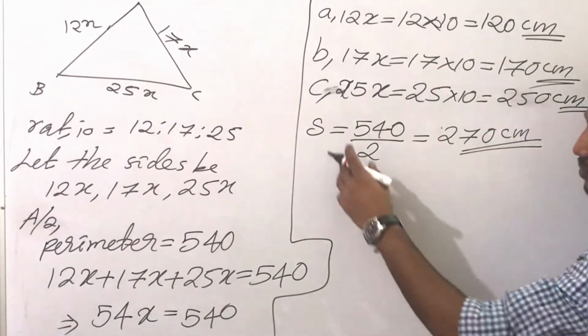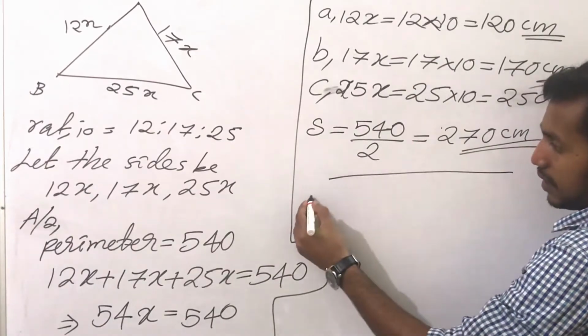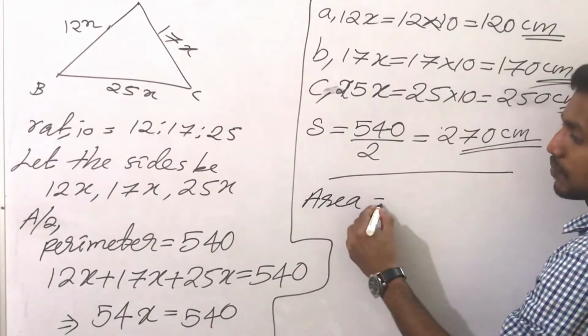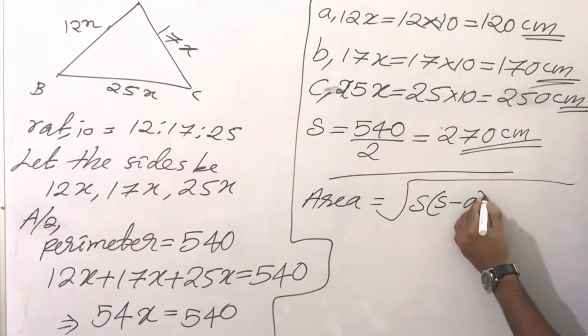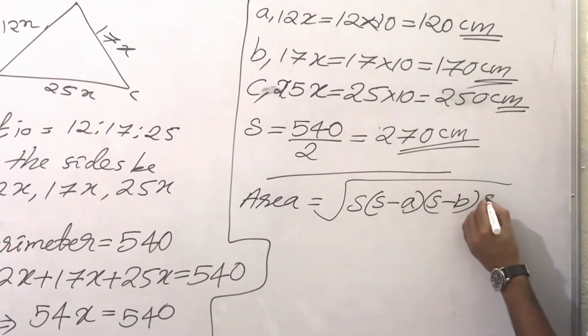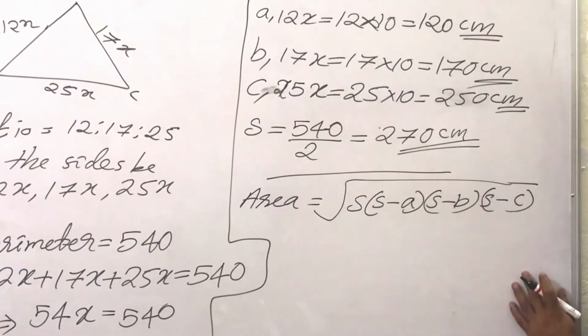Now, area. Apply Heron's formula. What is Heron's formula? Square root of s into (s minus a) into (s minus b) into (s minus c).